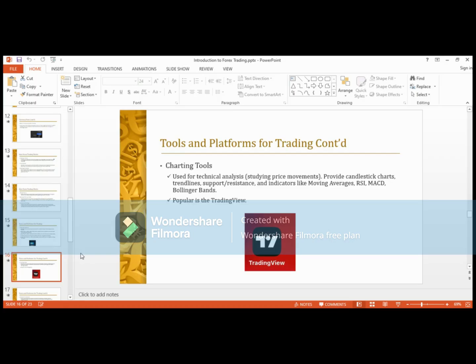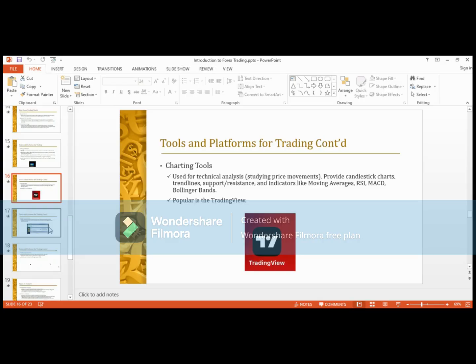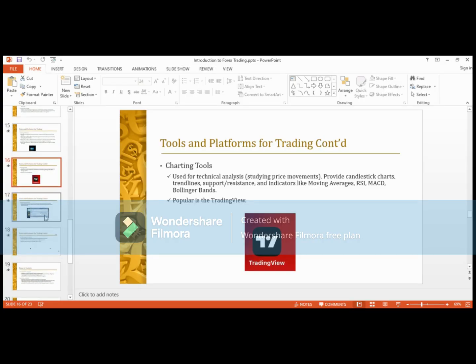A popular example is TradingView. We also have the MetaTrader, where people also use that same platform as the charting tool. It also has these indicators and provides candlestick charts.